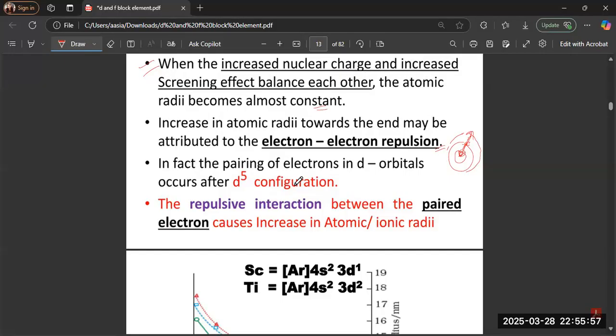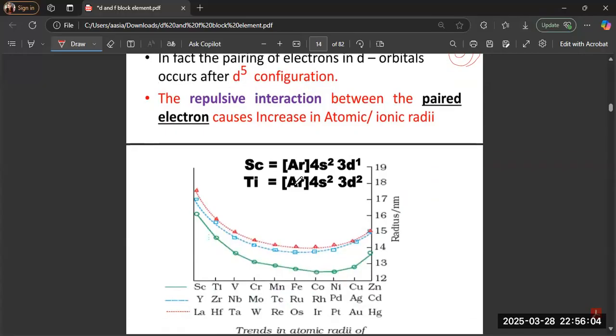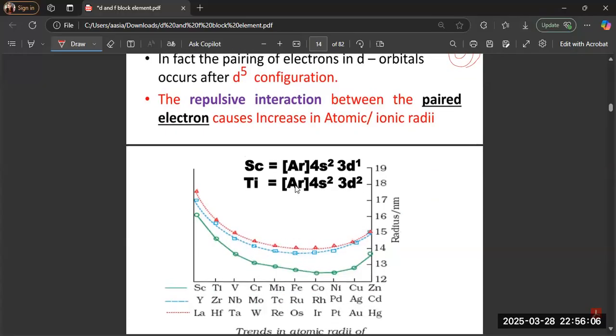And the electron-electron repulsion between the paired electrons causes an increase in atomic or ionic radii.